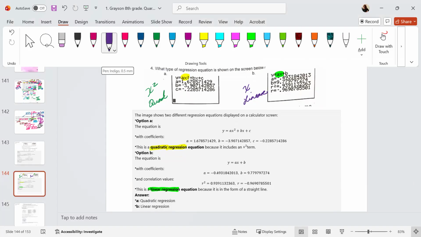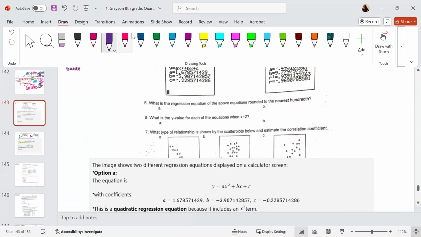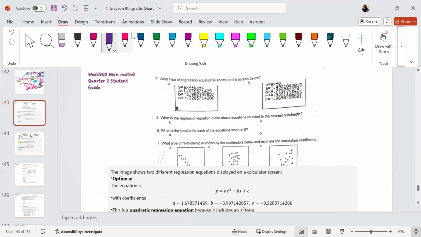What is the regression equation of the rapid to the next degree? Oh, so then you just plug it in. That one's pretty easy, I think. So it's just y equals, nearest hundredth, right? Hundredth is, there's a dot. This one here is the tenth.